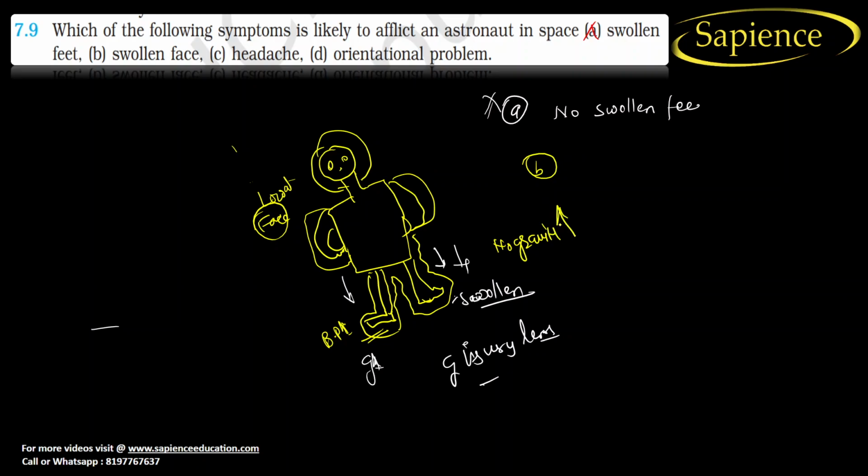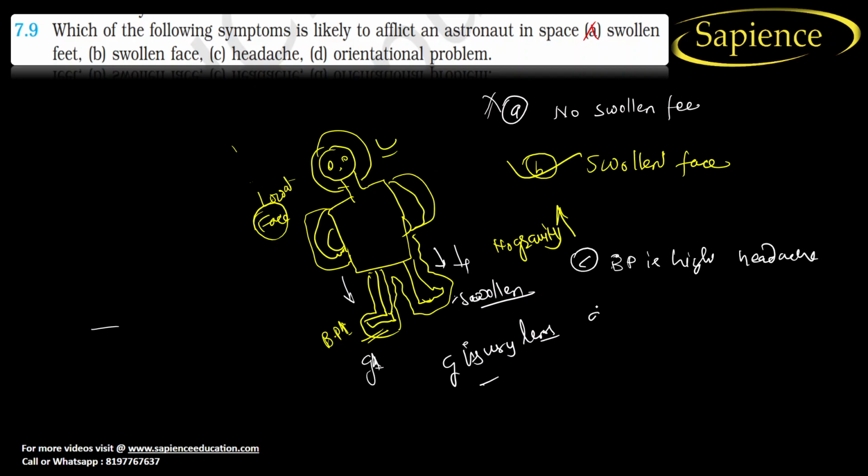So if blood will flow to the face, there will be very high blood pressure. Due to high blood pressure, the face will swell. So swollen face is the correct one. Now let us talk about the headache. Since BP is high, normally headache will be there. So these are the symptoms.